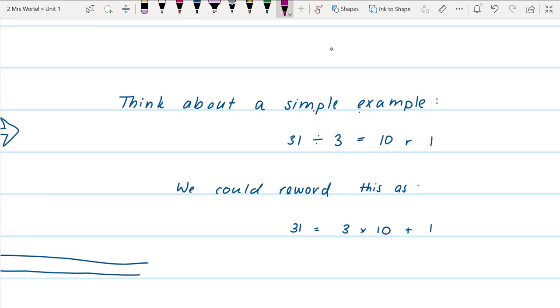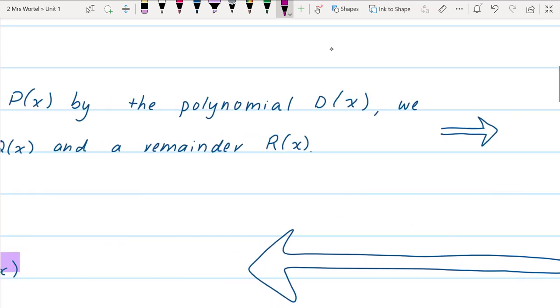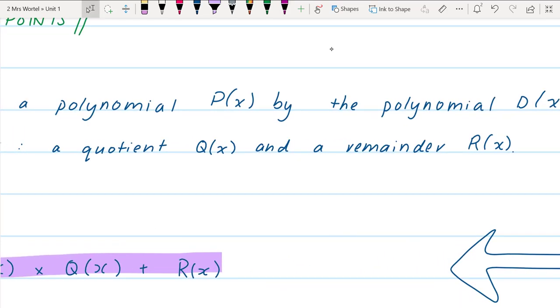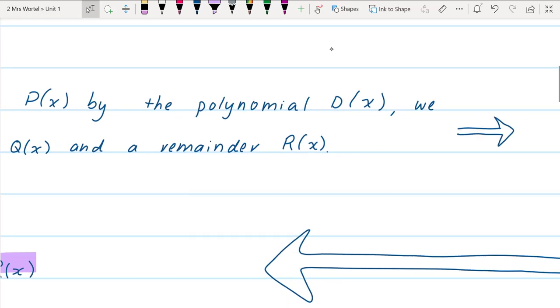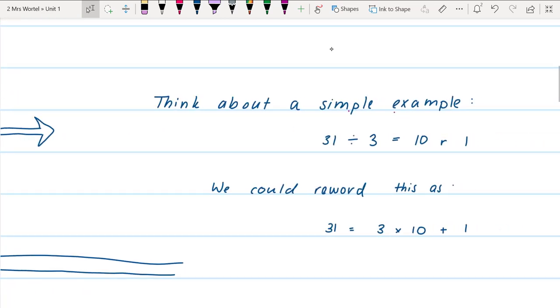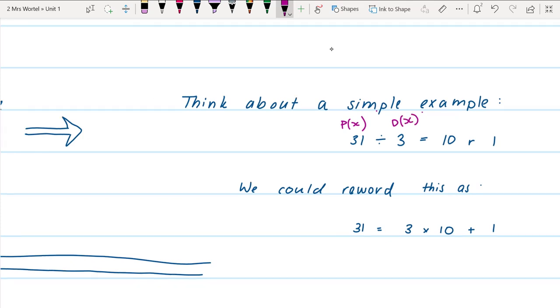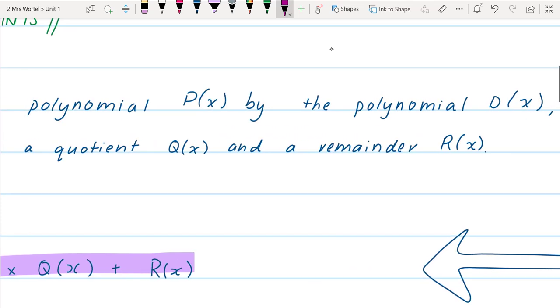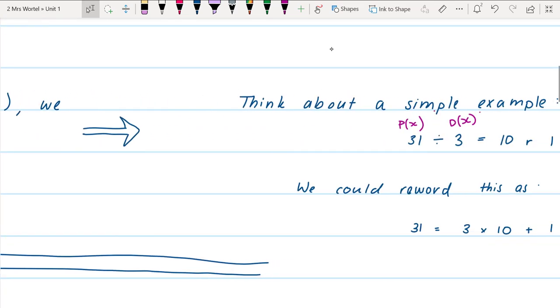So using the terminology that we learned over to the left, we divide a polynomial by a divisor, so d of x. So this would be our polynomial p of x. And we're dividing by the divisor, d of x. The things we obtain, the answer, is the quotient and a remainder.